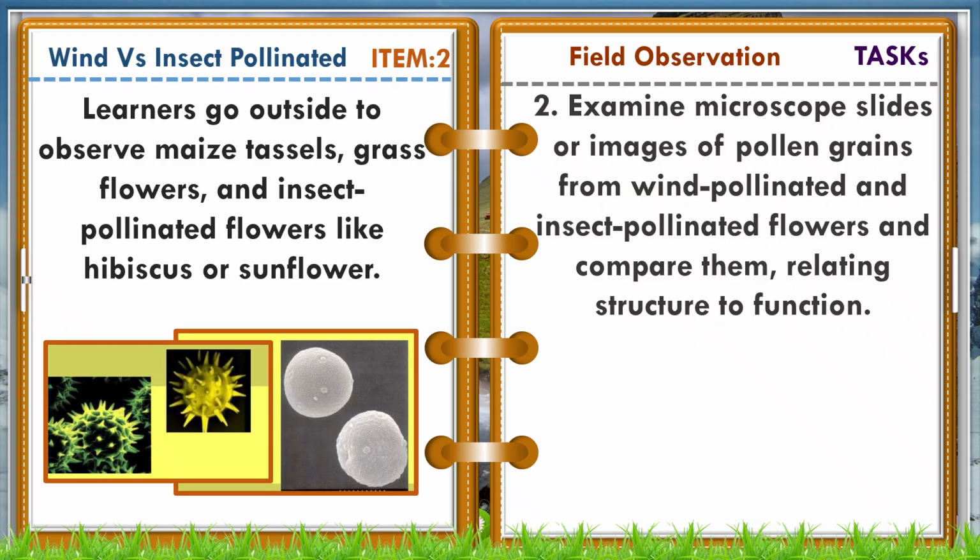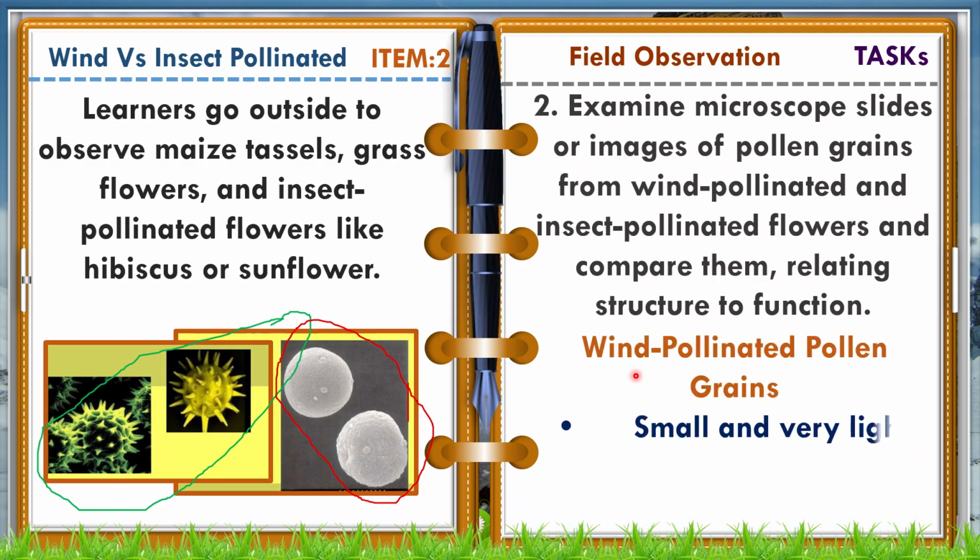So when we look here, by this time we know that these ones are insect-pollinated pollen grains, and these ones are wind-pollinated pollen grains. So we want to relate the structure to function.